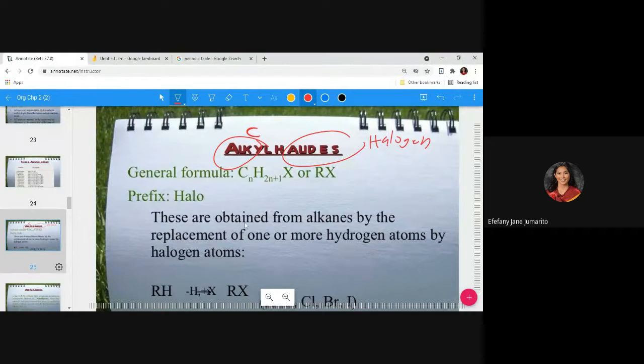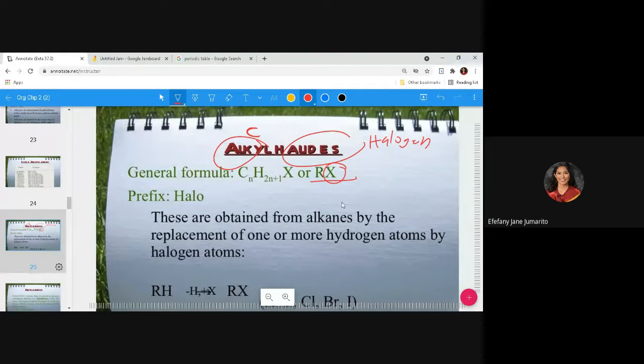These are obtained from alkanes by the replacement of one or more hydrogen atoms by halogen atoms. So the formula here is RX. The X is your halogens, and the R is your carbon group. Okay, so that's it.